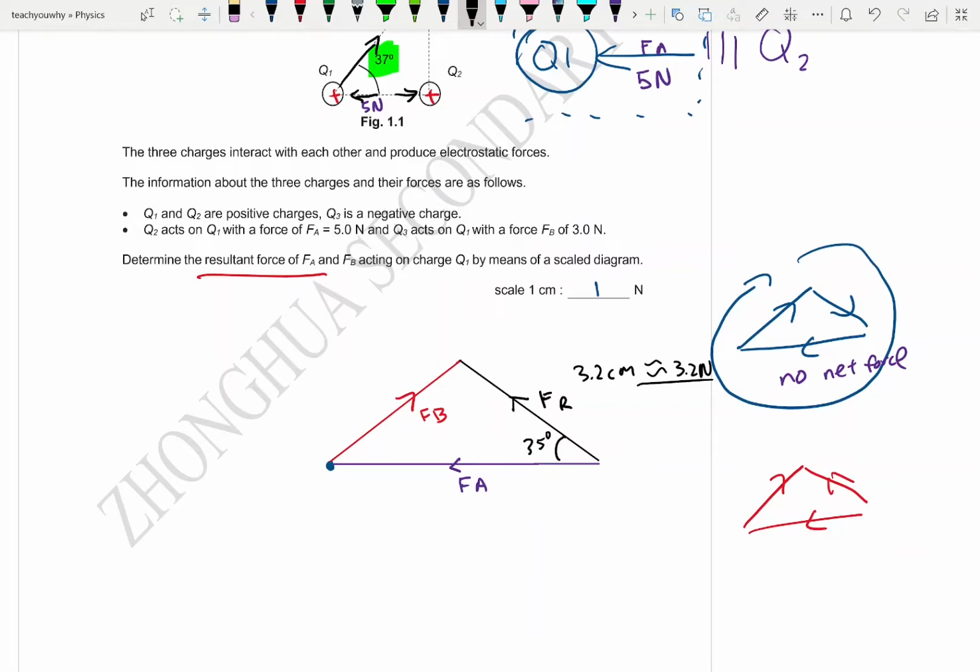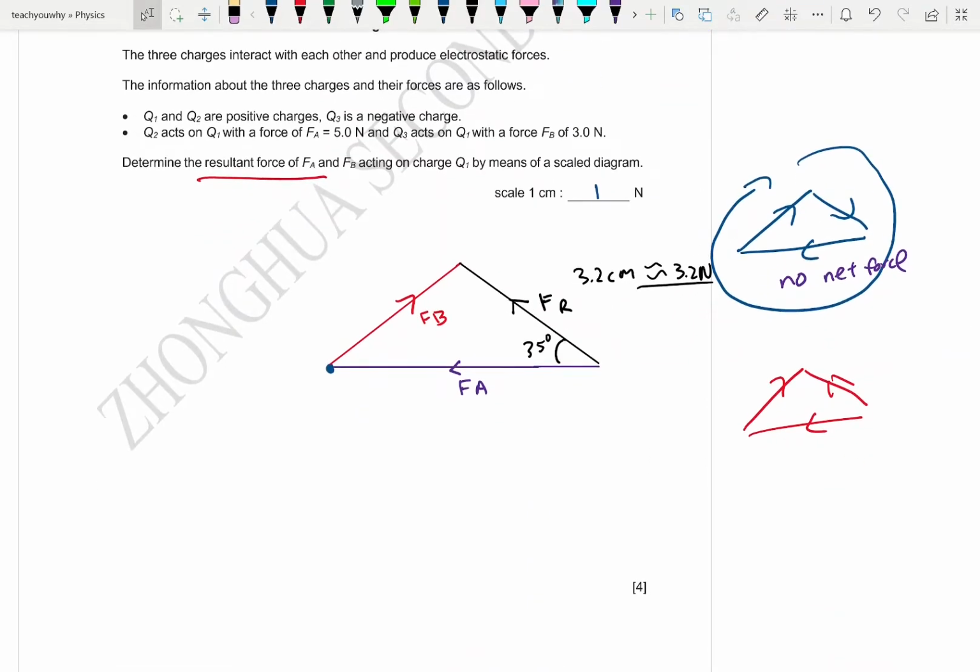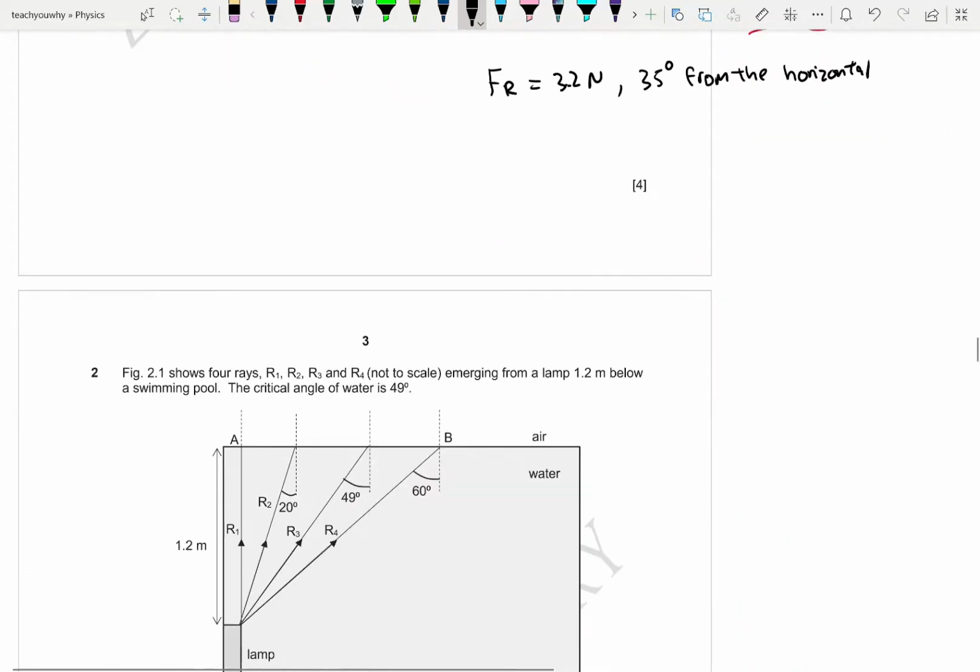So there we have the answer. The resultant force is stated as F resultant equals 3.2 newtons, and then you state the direction, 35 degrees from the horizontal. Like I said, this is the net force. Okay, moving on to the next question.